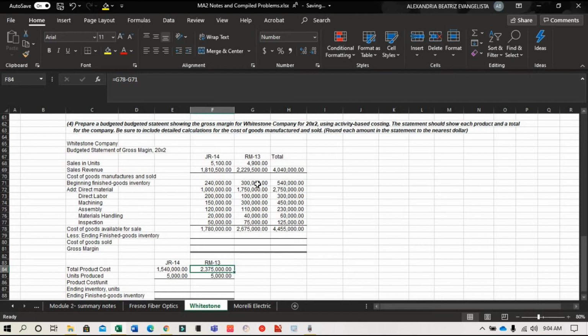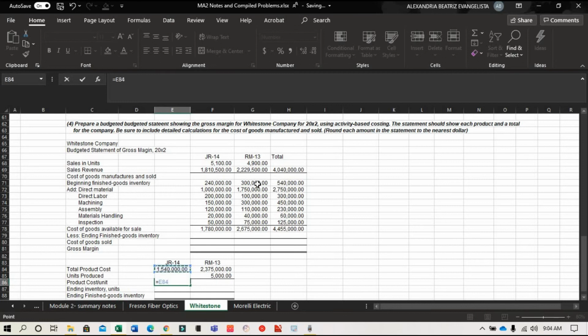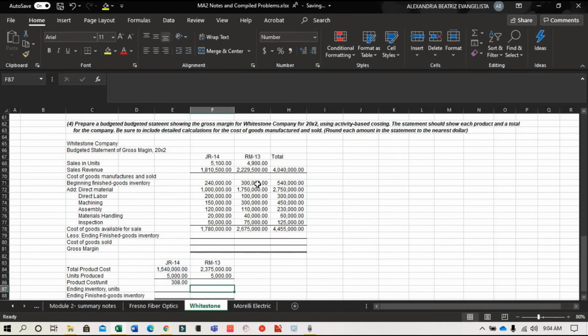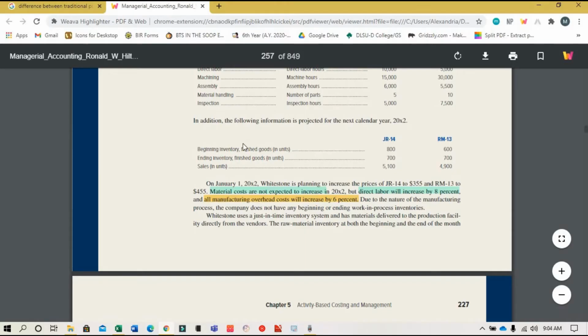So the product cost per unit for JR14 is 308. For RM13, that is 475. And based on the problem, the ending finished goods inventory in units for JR14 and RM13 are both 700.